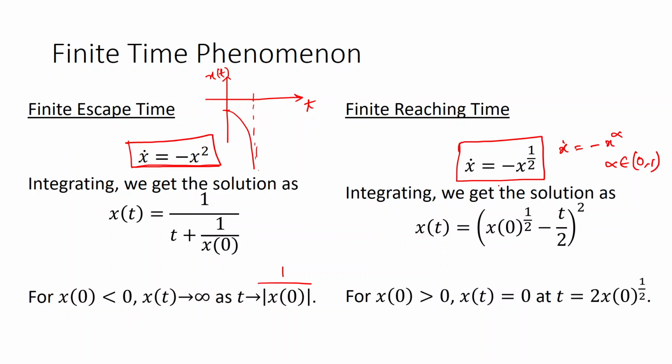So for alpha equals half, this is the solution, and you can see very straightforwardly that x(t) will be 0 when t is this much, and when x(t) becomes 0, after that your x dot also becomes 0. So you actually reach an equilibrium point. After that your system does not evolve further.